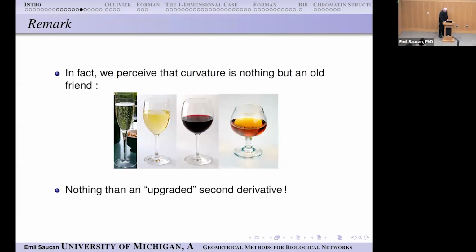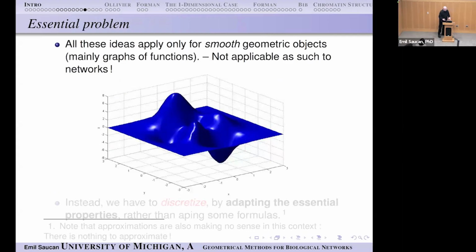Okay, so now, since we're in a good mood, there is a problem with this approach. The problem is that all this stuff which I draw, or pretend to draw, is smooth and nice. And it's far away from being a graph. This is just smooth objects which are usually graphs of functions, like this thing which MATLAB produced. Sorry, I'm forgetting you don't see my laptop, but my screen.